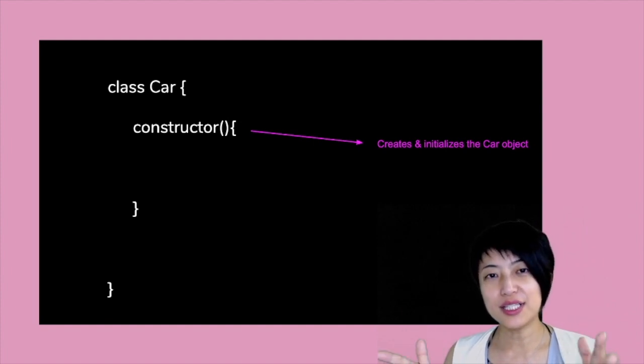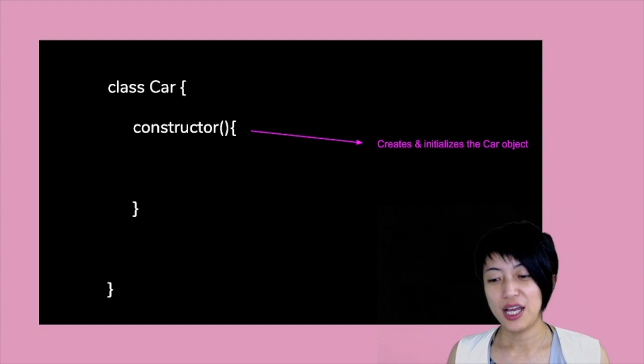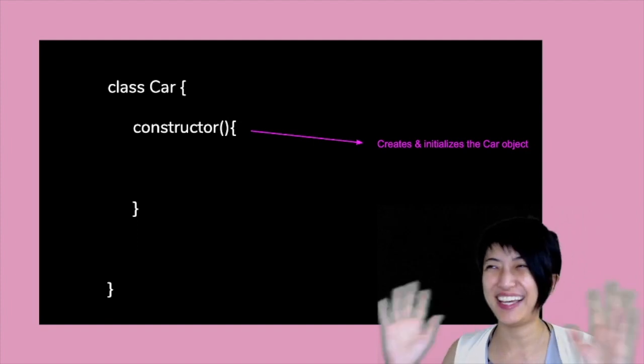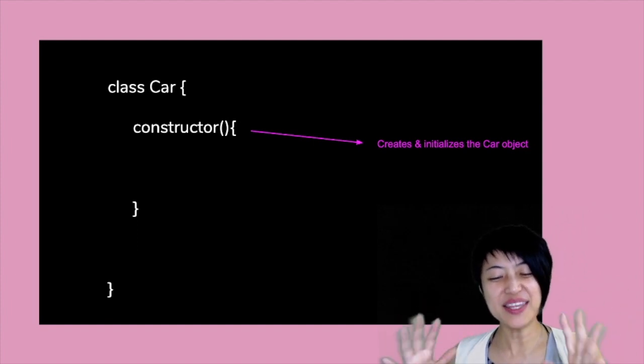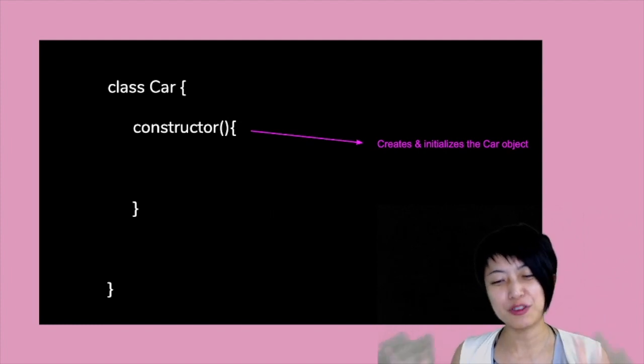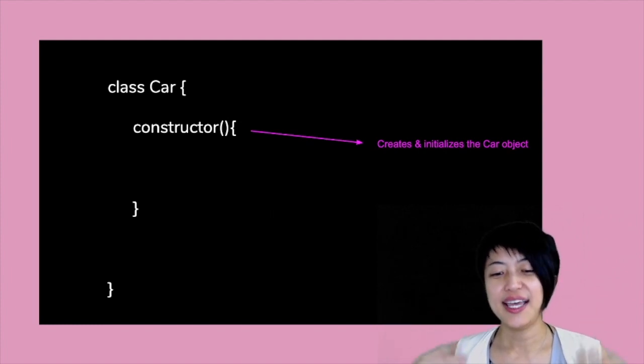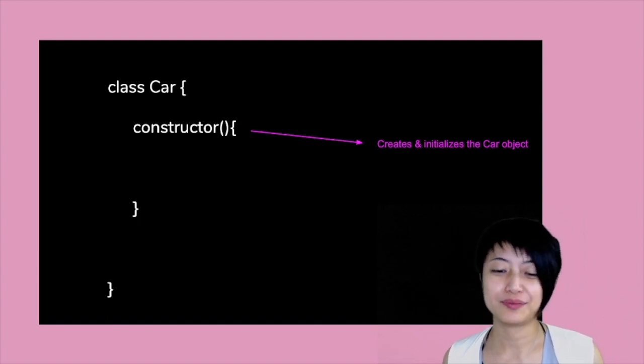By inserting this constructor method, we can think about it as a function. It really works very similar to a function, except when it's inside of a class, we call it a method.